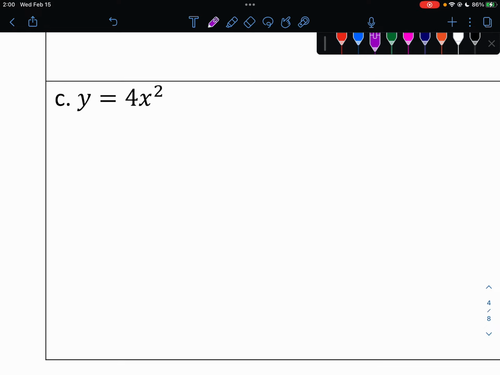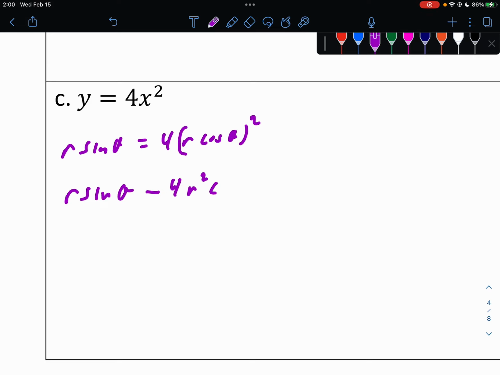Third one, we get r sine theta equals 4 r cosine theta squared. So that would be r sine theta, I'm going to bring this to the other side, minus 4 r squared cosine squared theta equals 0.